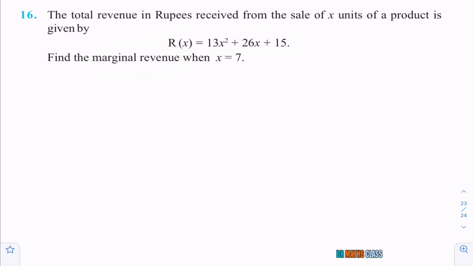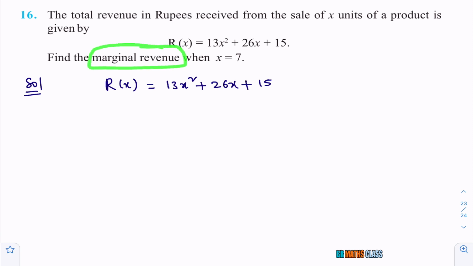First I'll write the given data. Total revenue R of x is 13x square plus 26x plus 15. If R is the total revenue, then dr by dx is the marginal revenue.